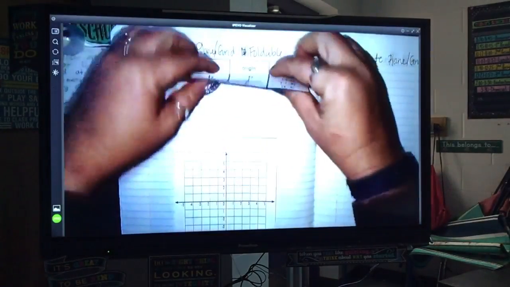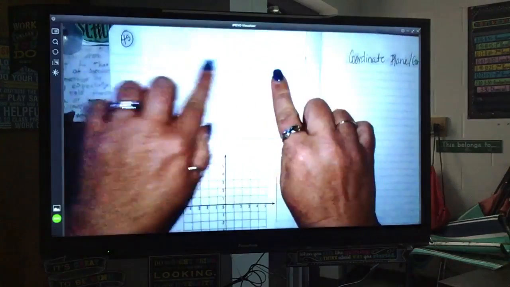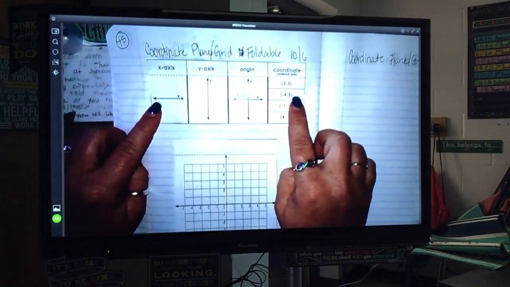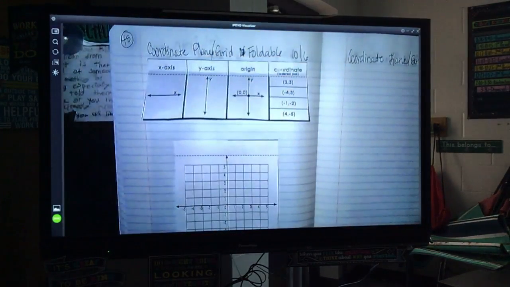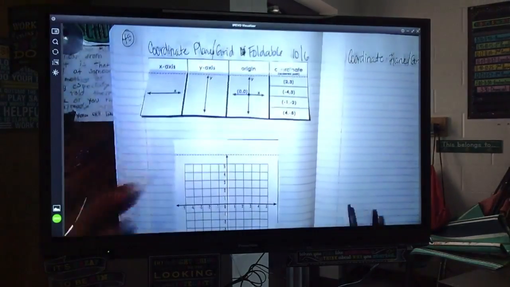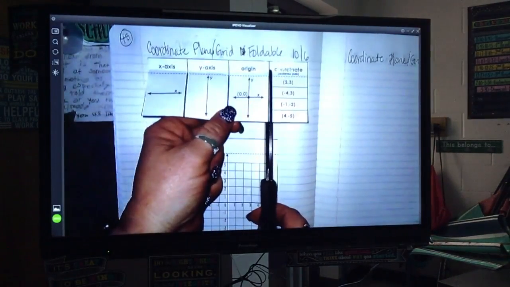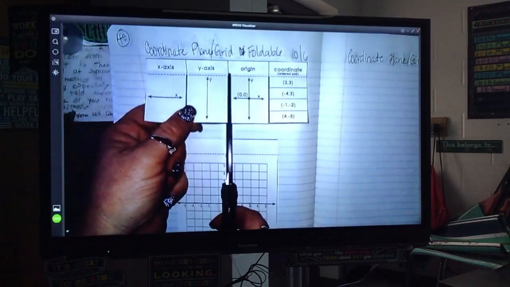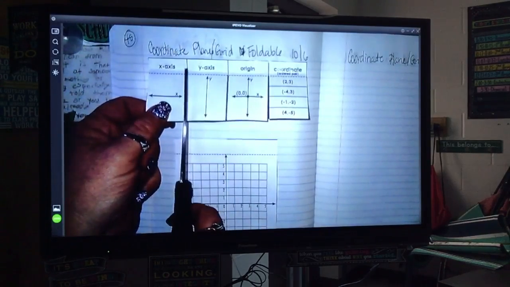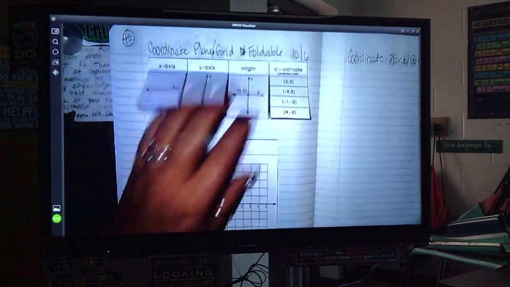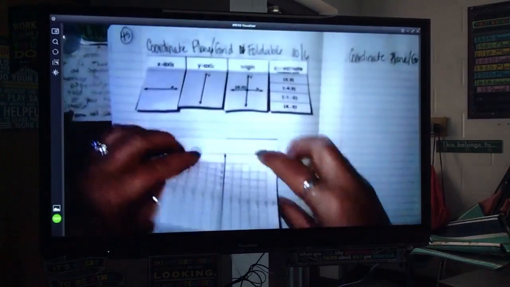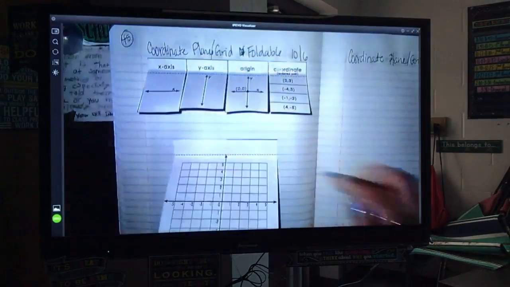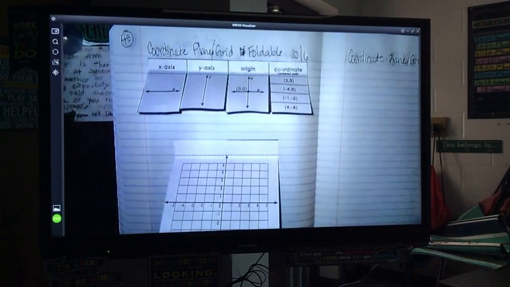Now, since this is glued down, you can now cut your flaps. That way there's no way you're gonna cut them completely off because it is glued on your paper. So now you should have 4 flaps, and then you should have 1 flap down here. When you are finished, stand up so that I know.